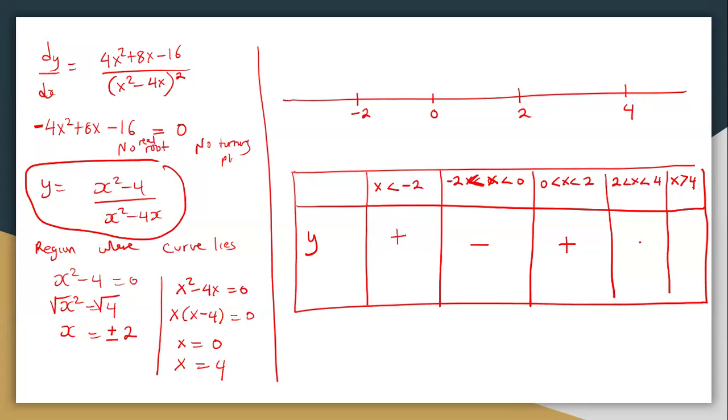Here, is it a negative? Okay, negative. Then the last one, positive. So now this is the nature of our curve.